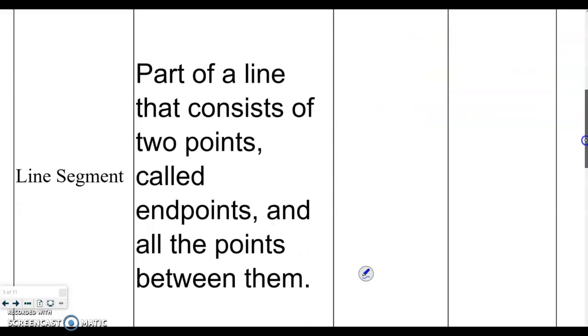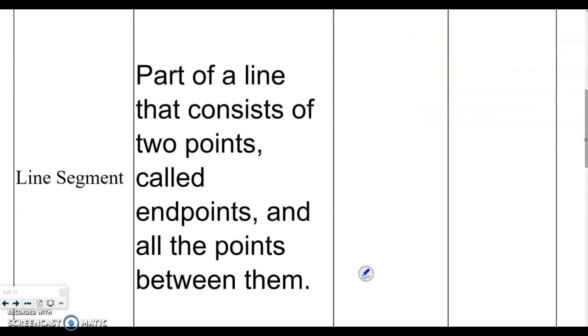Next is a line segment, and that is part of a line that consists of 2 points called endpoints and all the points between them. So think of a line, but we're not going to do the double arrowheads. This is a line segment.